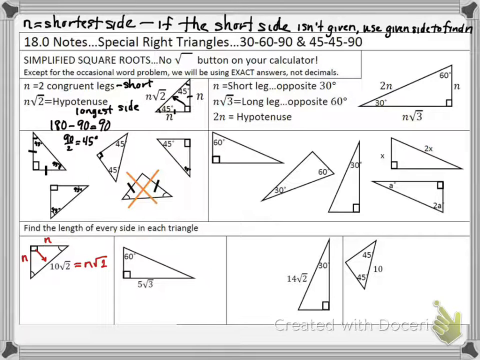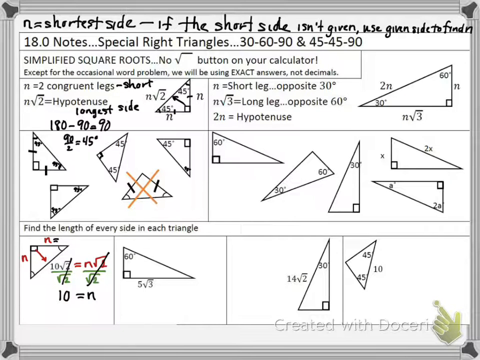But I need to know the missing sides. I know the hypotenuse, I need the other two sides. I've just made myself an equation that says 10 root 2 is equal to n root 2. And I want to get my n by itself. So I'm dividing by root 2, dividing by root 2, so that those root 2's cancel, giving me just n, and those root 2's cancel, giving me 10.